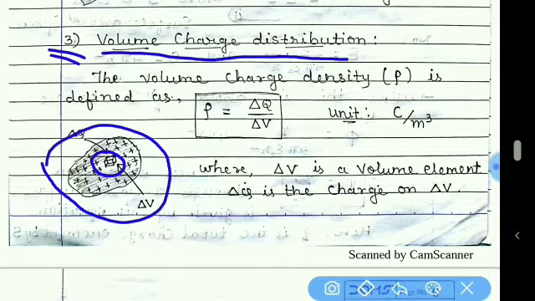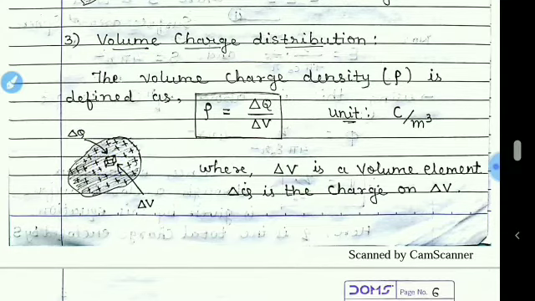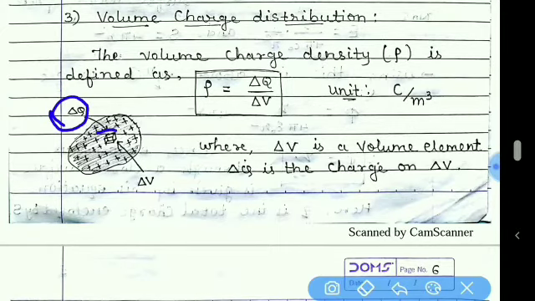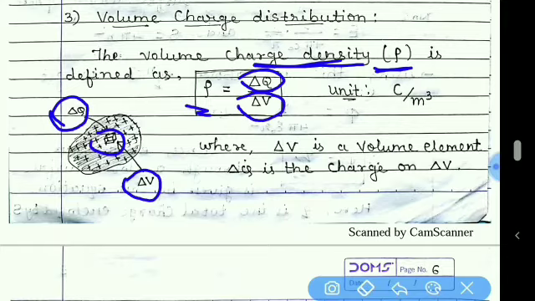The charge on this element is taken as delta Q, and the volume of this small element is taken as delta V. So the volume charge density, symbolically represented by rho, is given by total charge upon total volume.